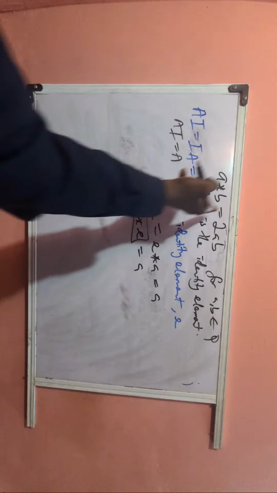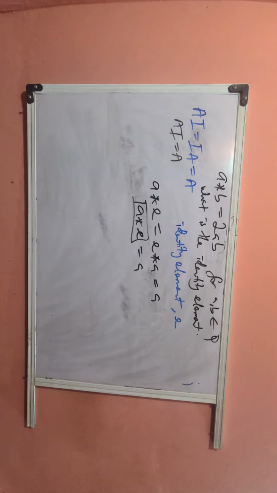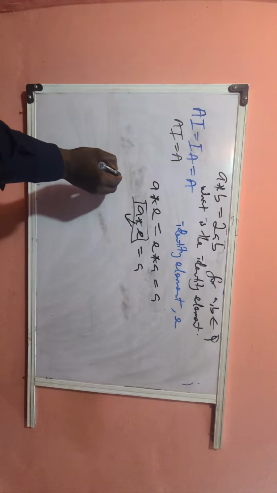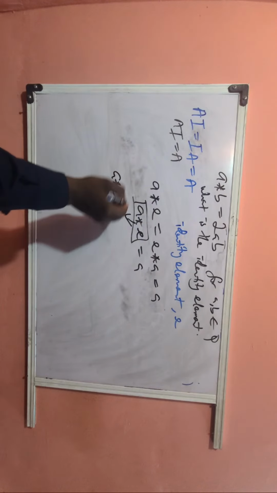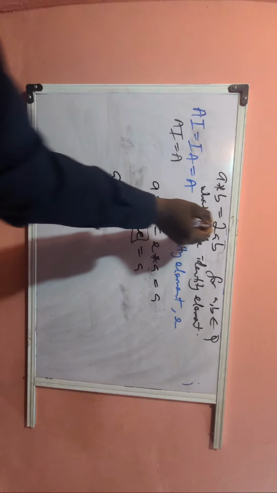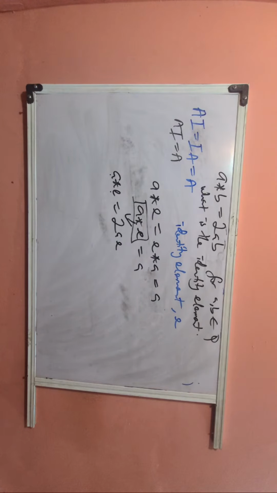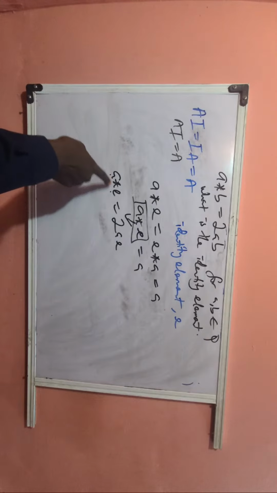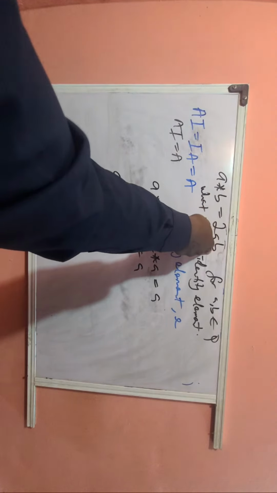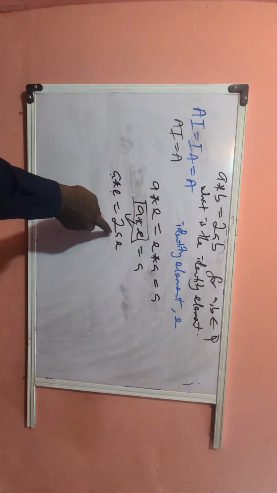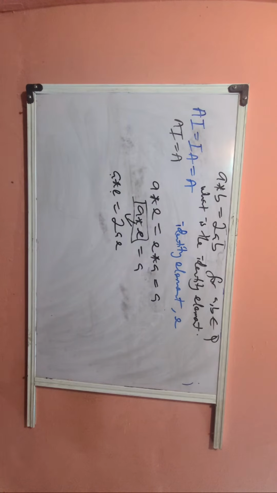So you have to use the initial equation you were given. Using the initial equation, A star E will be equal to, of course, this is first, this is second. This will be 2AE, because you had 2 times first times second. Here your first was A and your second was E. So this is what your A star E will be equal to.